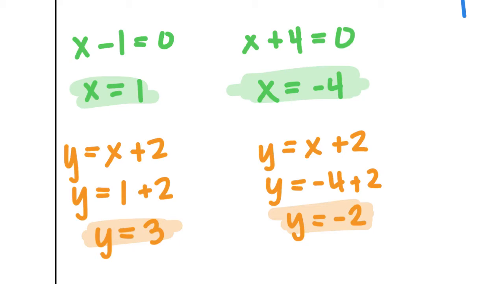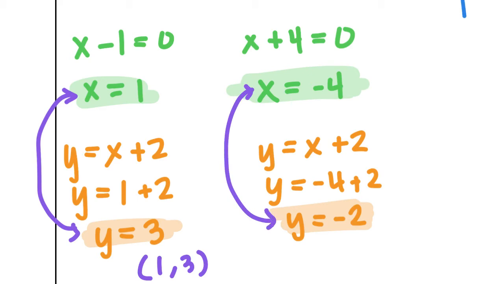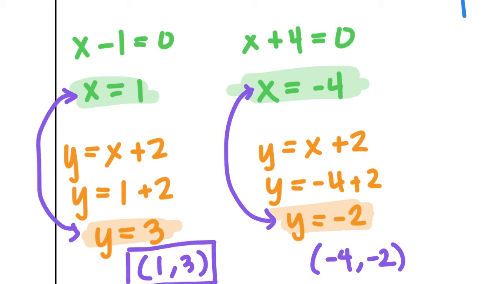So remember that these x and y values correspond with each other. So this x goes with this y, making the solution 1, 3. This x matches with this y, making the solution -4, -2. So those are the two solutions to our linear quadratic system.